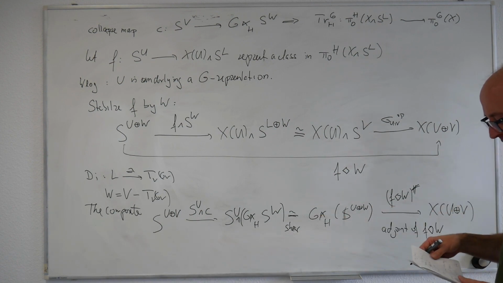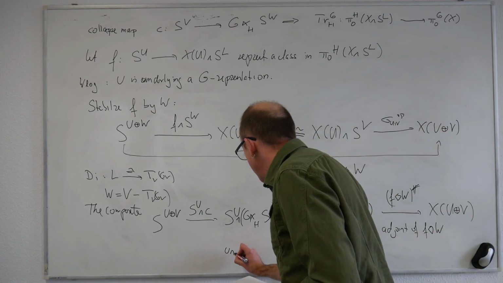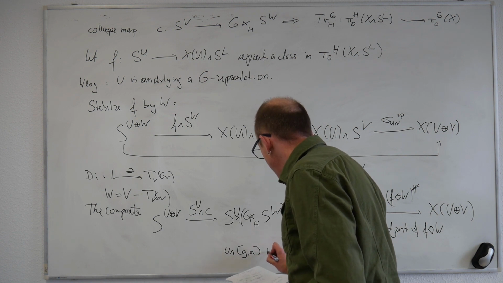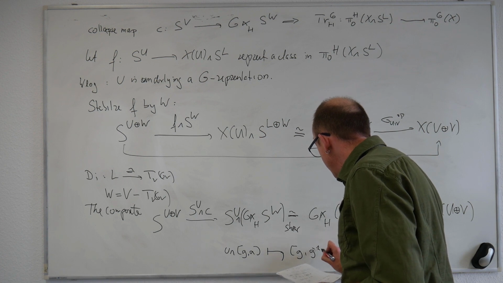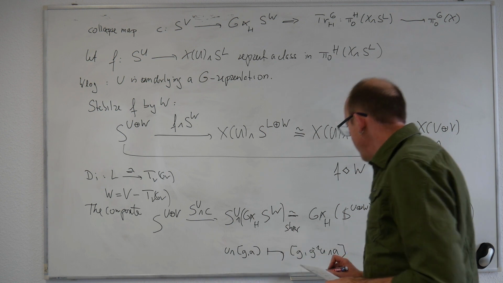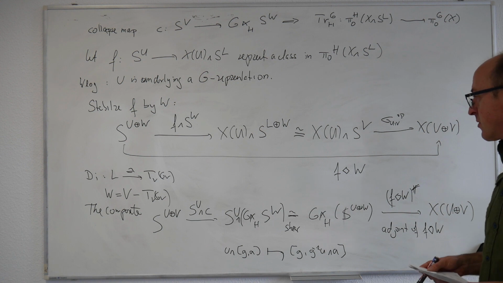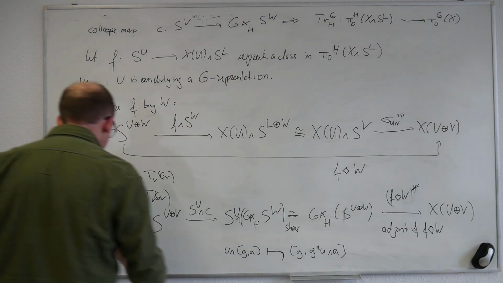I still have to explain this shearing isomorphism. So the shearing isomorphism sends a U smash the equivalence class of [g, a] to the class of [g, g inverse u smash a]. And it's a G equivariant isomorphism, and it also exploits that we have a G action on U. So this composite is a G equivariant map, and this represents the transfer.